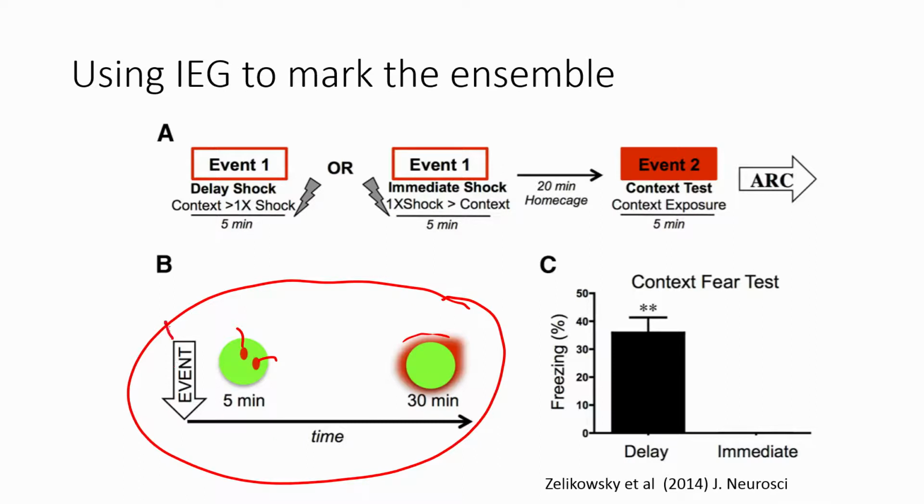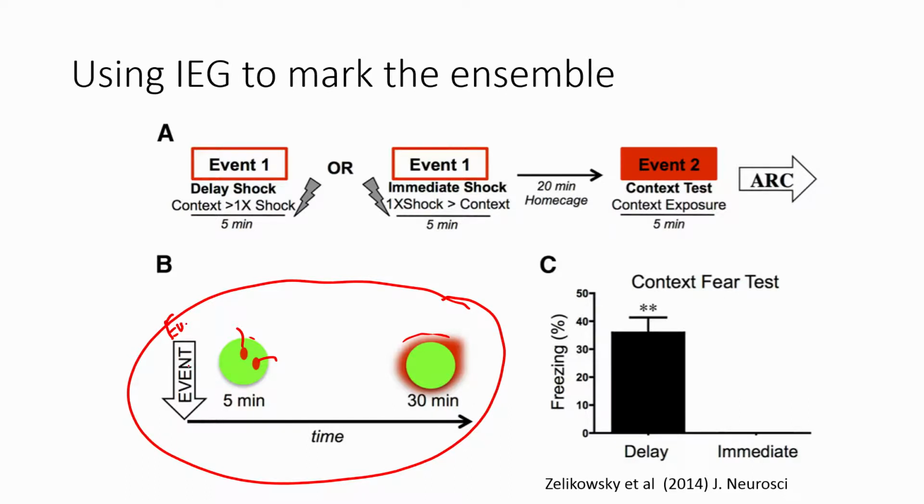So, it has to be an event that has happened before, and this neuron represents those events that had happened just then, like 5 minutes before.